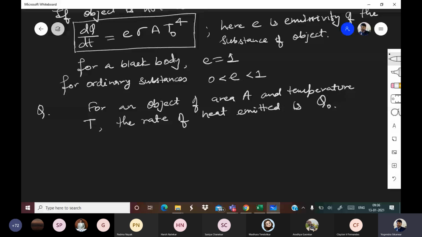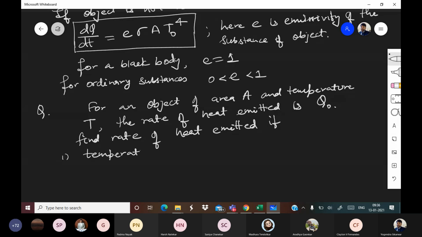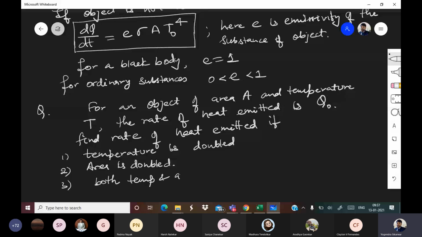Find the rate of heat emitted if, number 1, temperature is doubled, number 2, area is doubled, number 3, both temperature and area are doubled. Please find and give me answers.